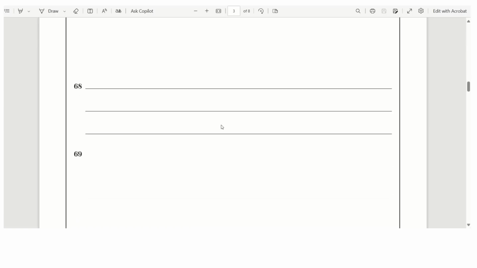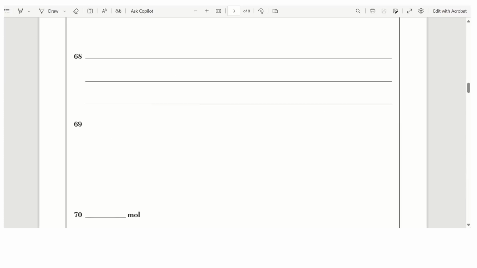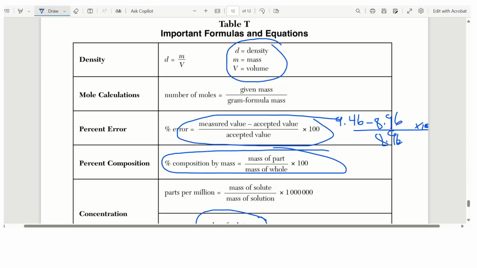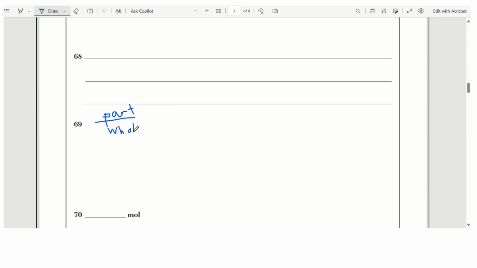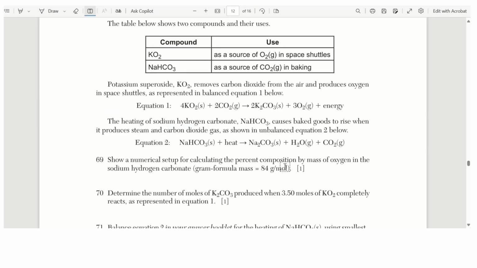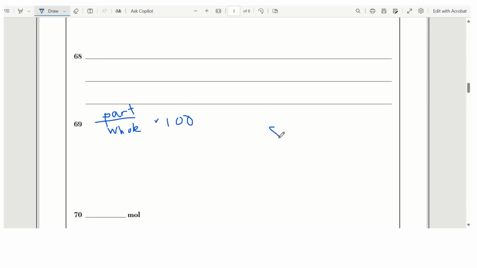So here we are for question 69. For percent composition by mass, I have mass of part over mass of whole times 100. Now, I was given the gram formula mass, and the gram formula mass is the whole. So now I know that the whole is 84.